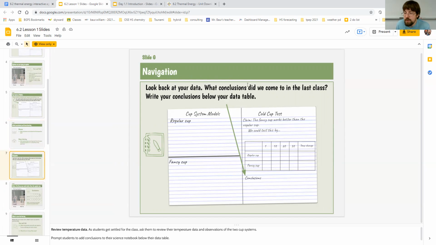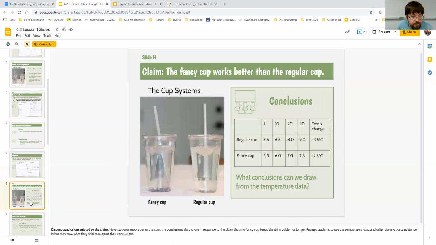And then the students would have data and they'd write a conclusion to start day 2. Here's some sample data. We found that the fancy cup was better at keeping the temperature colder for longer.